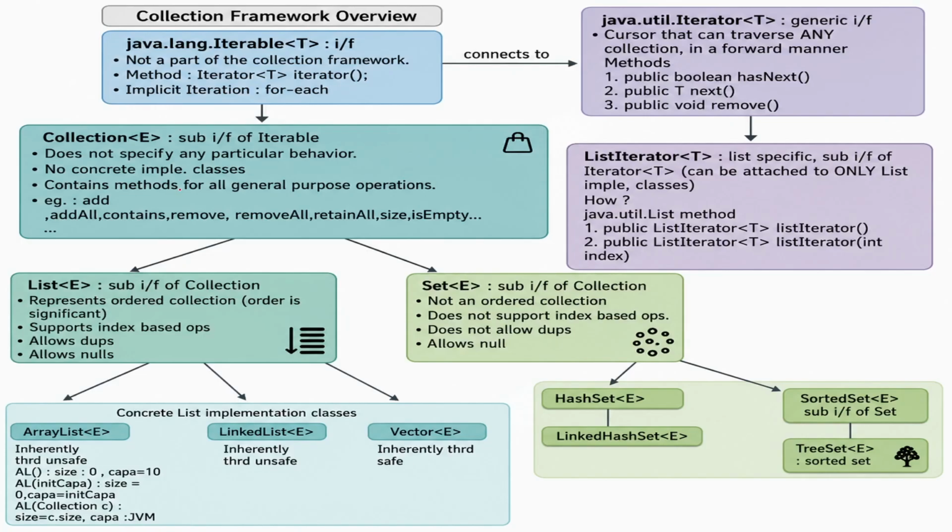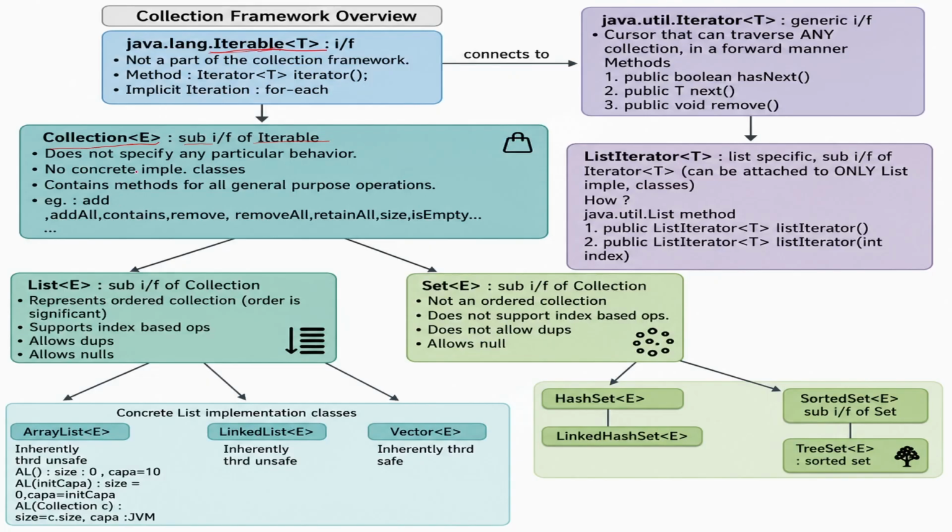Just now I showed you collection here. Collection is a sub interface of iterable, so iterable is the parent interface. Just focus on the bold letters, iterable. Forget about the inside pointers for now. So iterable is the parent interface, and collection is the sub interface of the iterable interface. Think of collection as the child interface of the parent interface, iterable.